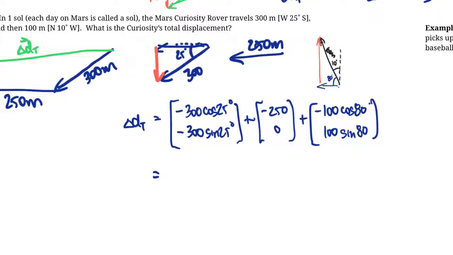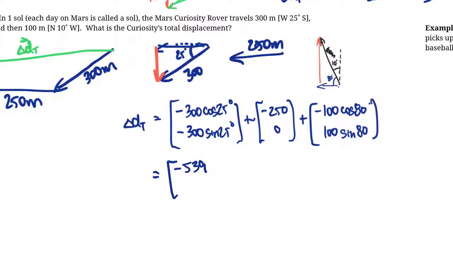Okay, so let's just plug that into the calculator. Negative 300 cos 25 minus 250, or plus negative 250, it doesn't matter, minus 100 cos 80. And it gives me that our final x component is negative 539.